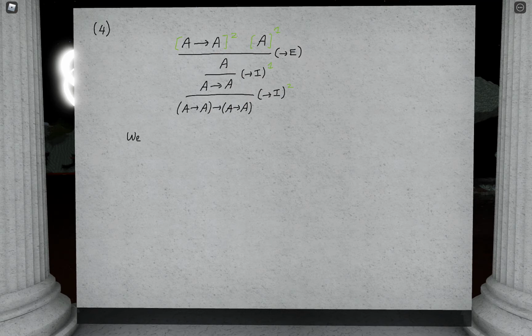I'll make some more remarks on this, but the first remark to make is that we could have done these introductions in a different order. So we could have instead proven A implies A implies A implies A. And this fact that these can be interchanged, I mean, these formulas are not the same, but the proofs are in some sense the same.